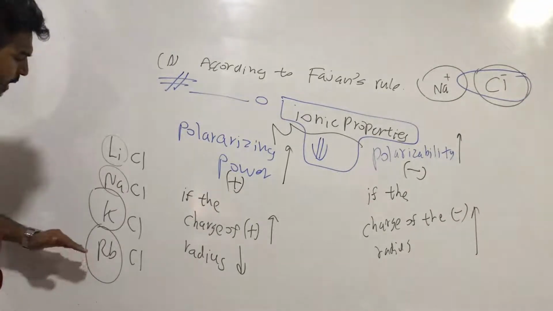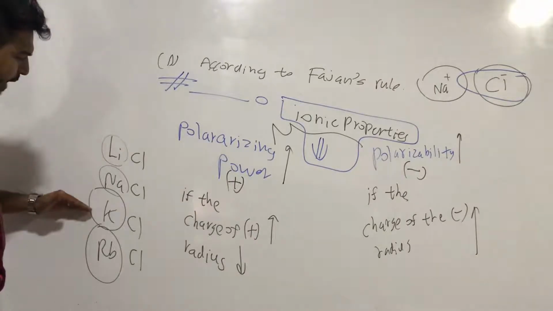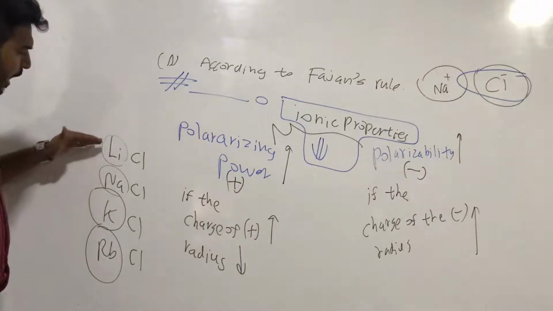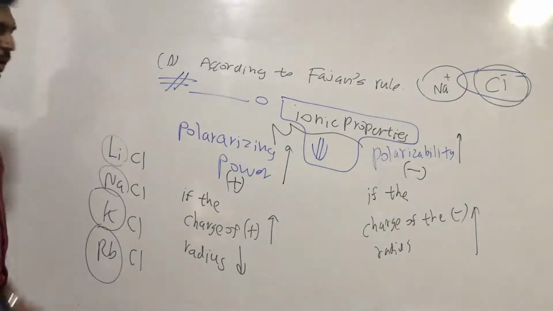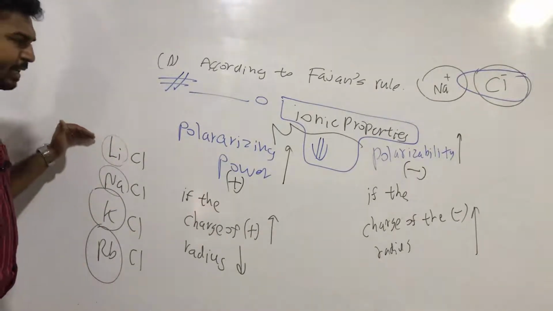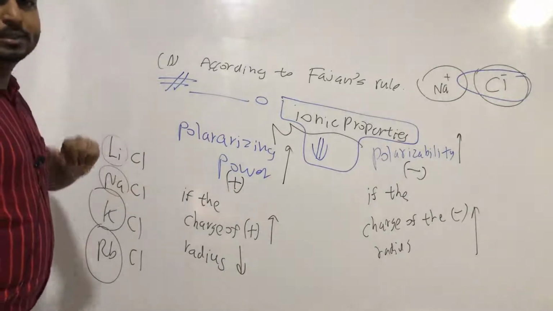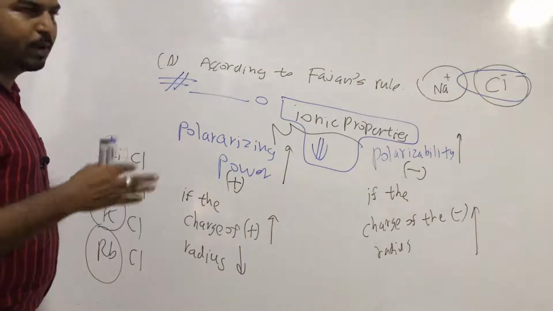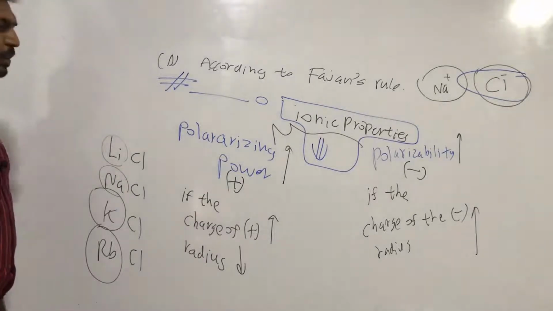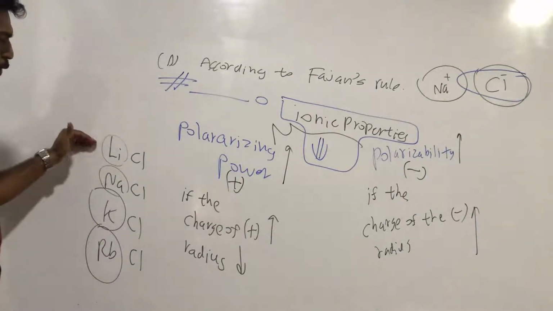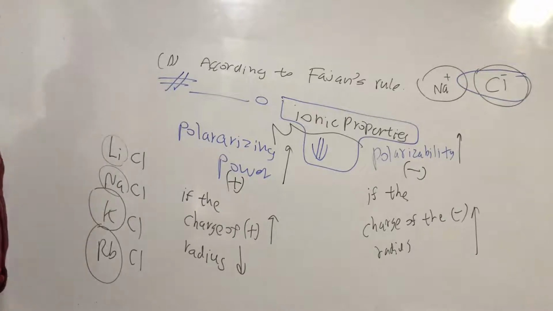This one has the highest ionic property than this one, then this one, and lithium chloride has the lowest ionic properties. Why is that? Since it has the highest polarizing power. Lithium chloride has the highest polarizing power due to its small radius.